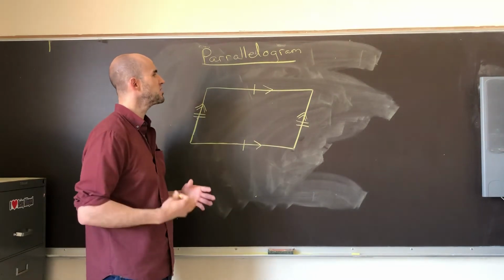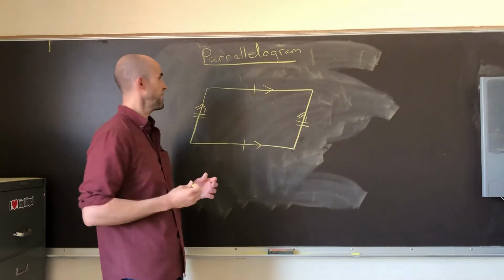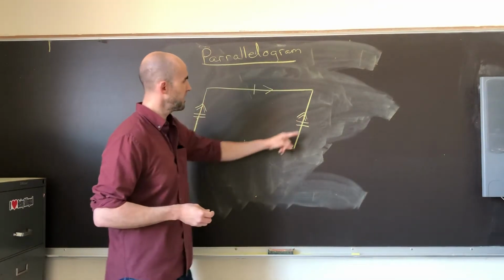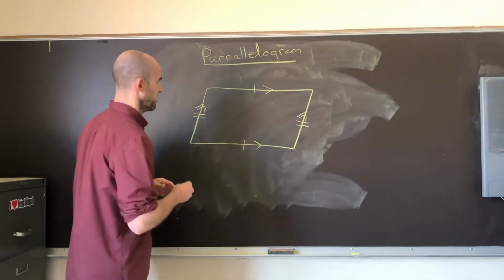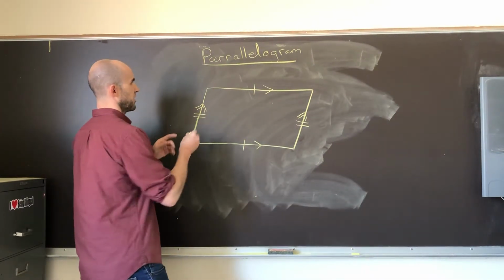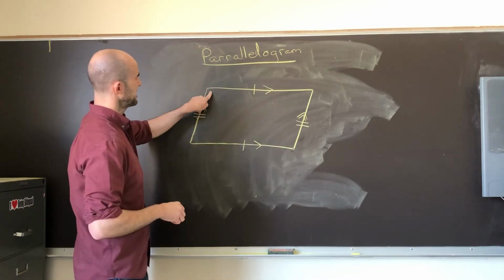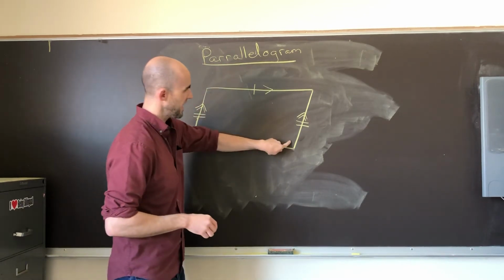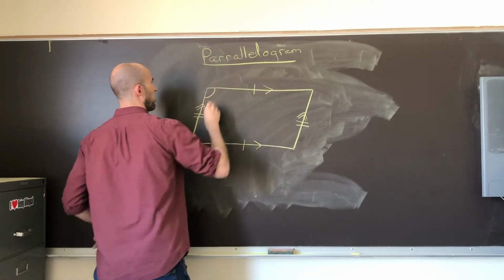But what we start analyzing about a parallelogram are the angles. Certain angles are always going to be congruent, and the ones that are congruent are always the ones opposite of each other. So the angle on the top left is congruent to the angle on the bottom right, because the ones that are across are always congruent.